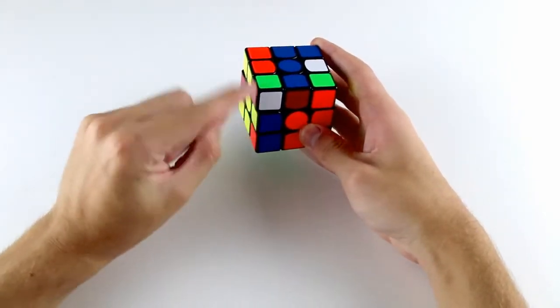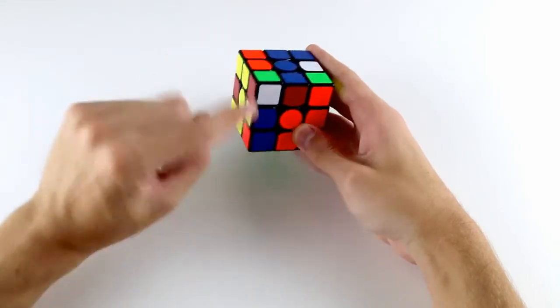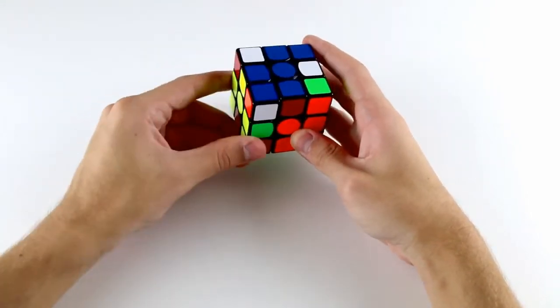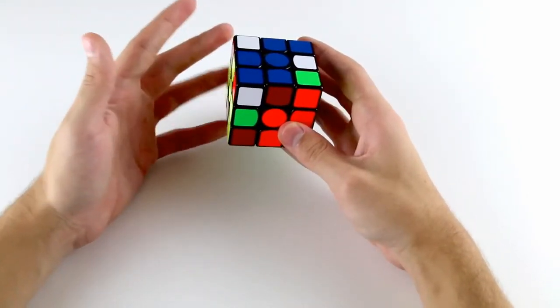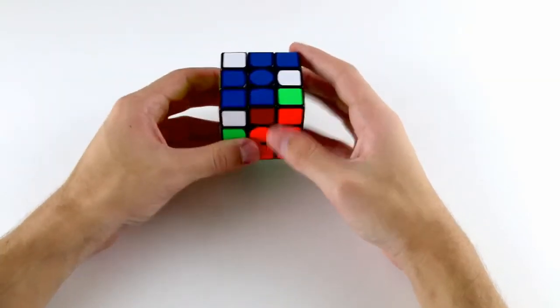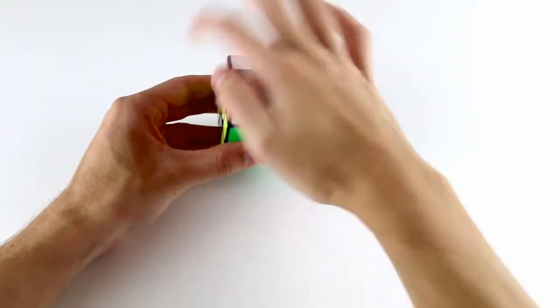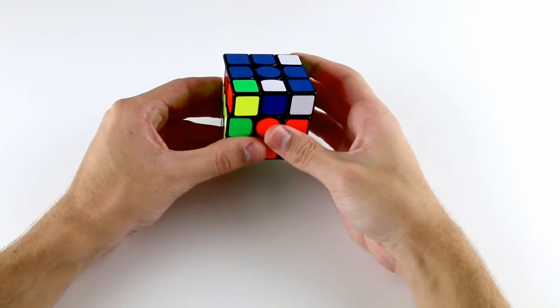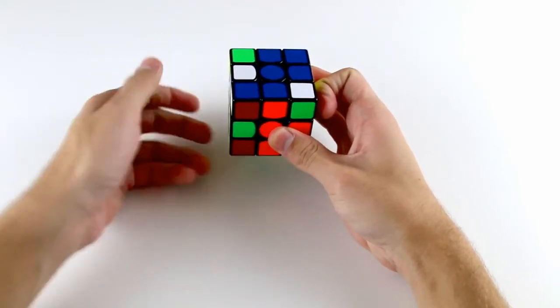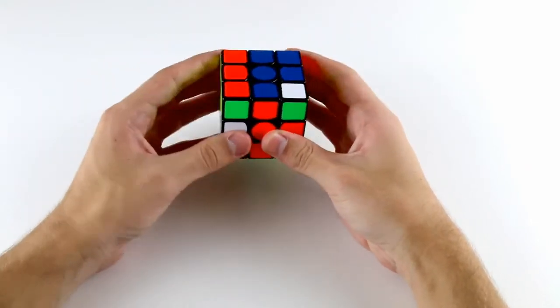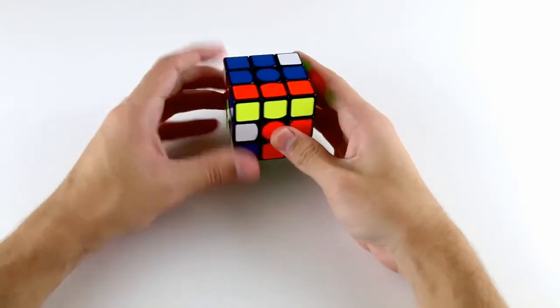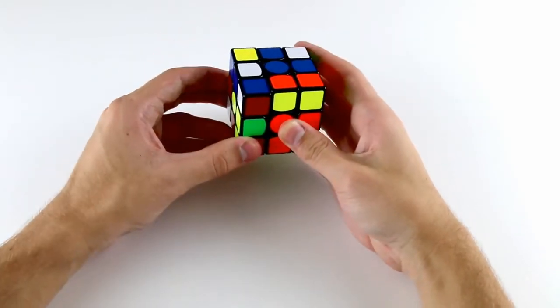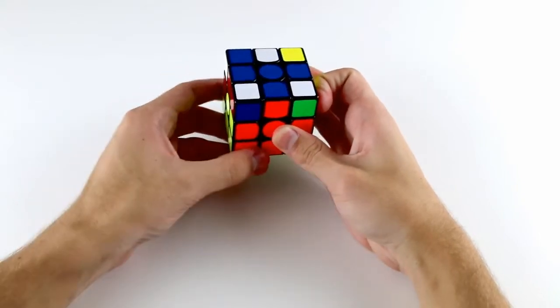We hide it away from the slot. So if our slot's here, we hide this edge piece away, remembering that we hide the edge piece in this F2L case, not the corner piece. Then we bring this corner on top of this edge piece, like that. Bring it back down, and now our F2L pair is paired up. So we bring up the slot, move it across, and bring it back down.